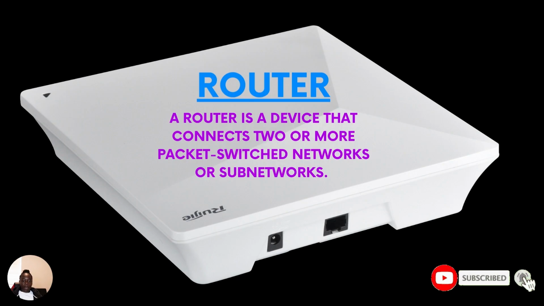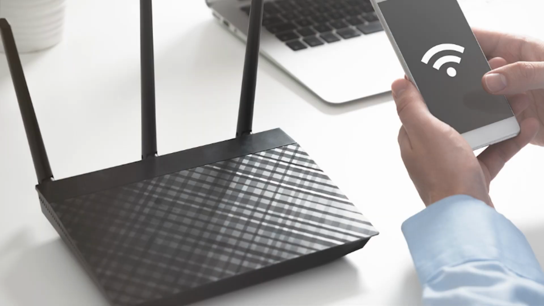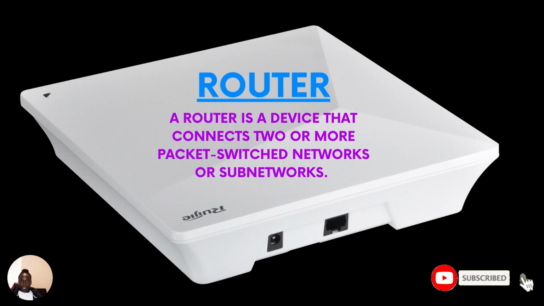Here we are. Router. A router is a device that connects two or more packet switch networks or subnetworks. If you're new to IT or you have a Wi-Fi home setup, then you know what a router is. In businesses, it's a little bit more complex. They may be bigger, more intelligent, have more ports, and different capabilities.